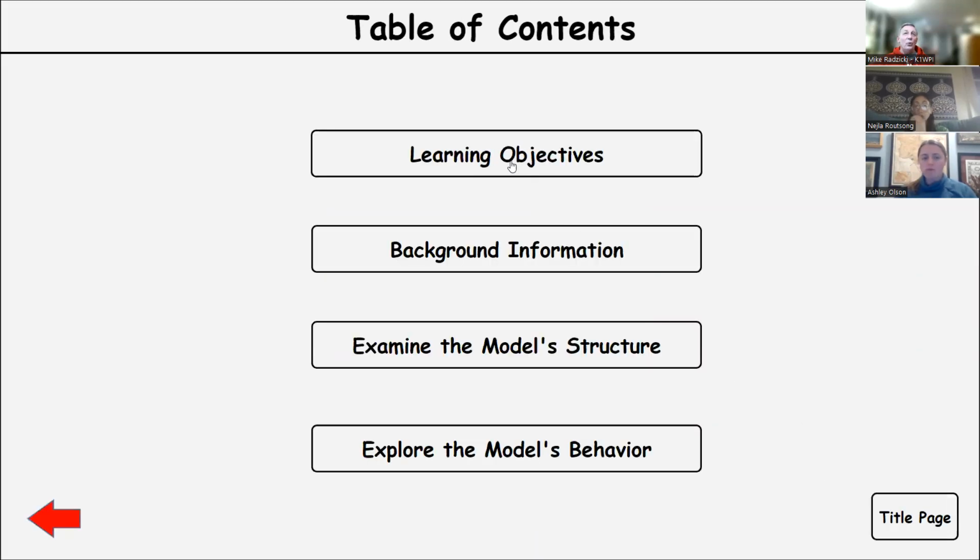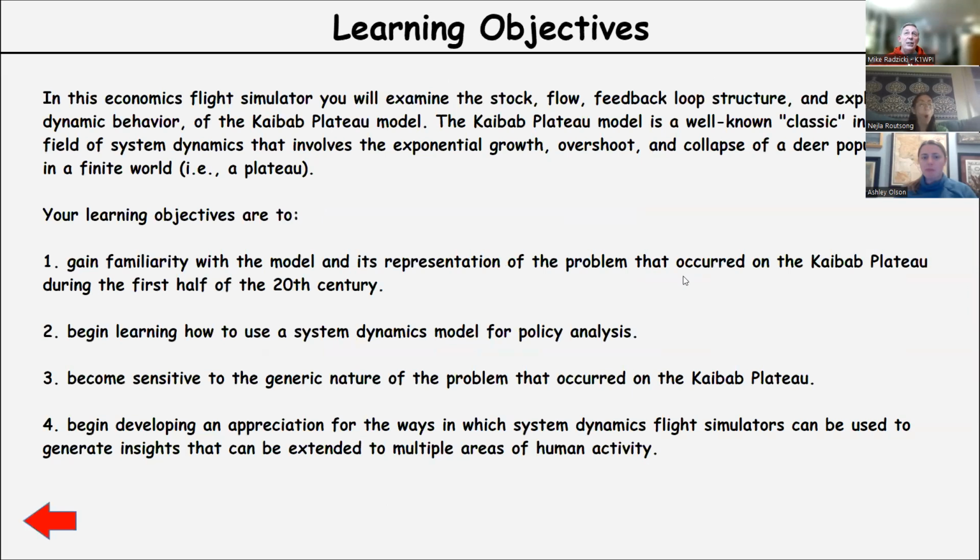All right, so we have some learning objectives here. We want to explore the stock-flow feedback loop structure of the Kaibab Plateau model. It's classic, as I mentioned, in system dynamics. It involves exponential growth, overshoot and collapse of a deer population in a finite world, in other words, a plateau.